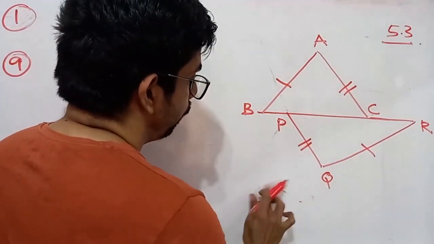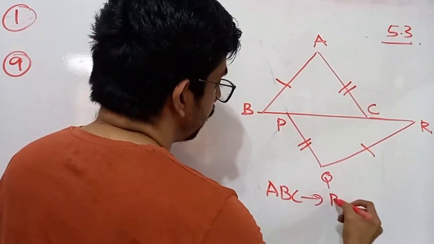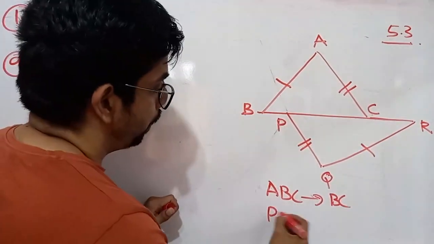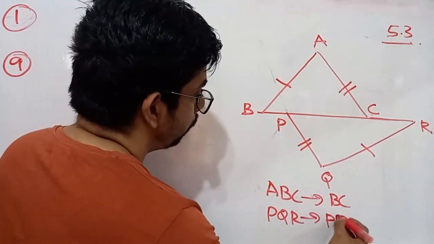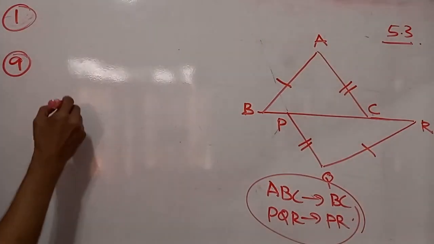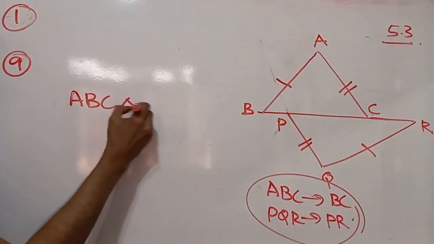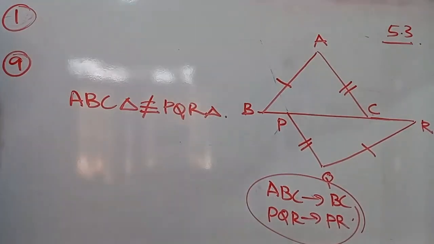That means if we take the triangle ABC, this BC length, and if we take the triangle PQR, nothing has been given about this PR length. So what can we say? ABC triangle is not congruent to PQR triangle.